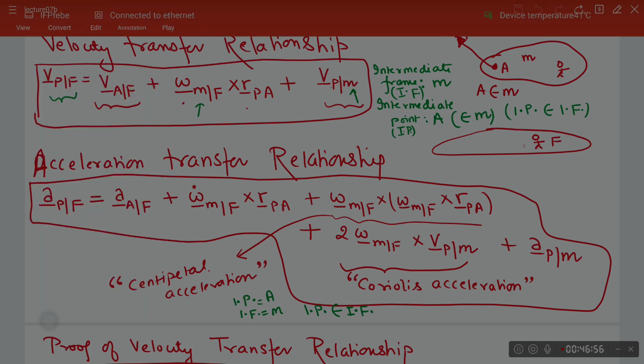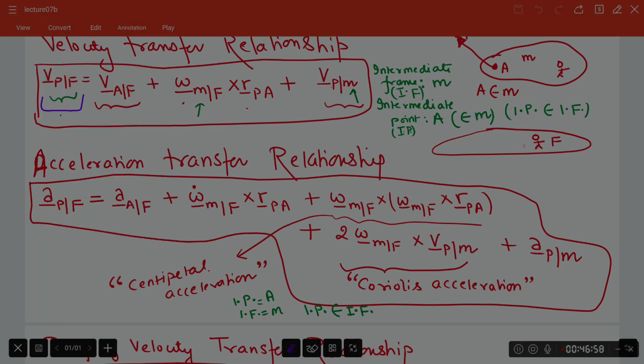I want to find VPF, and I am using M as an intermediate frame such that VPF can be found in terms of VPM. So I need an intermediate frame. This is my intermediate frame. But then I also need an intermediate point. This is my intermediate point.